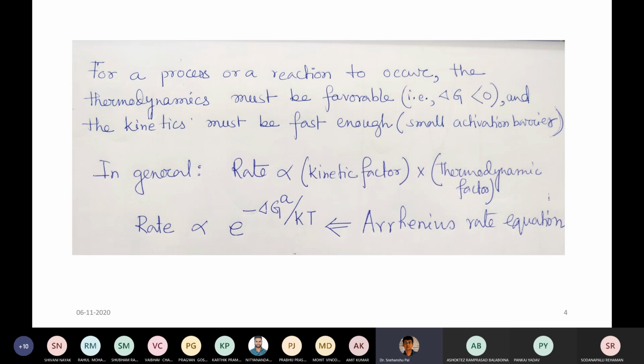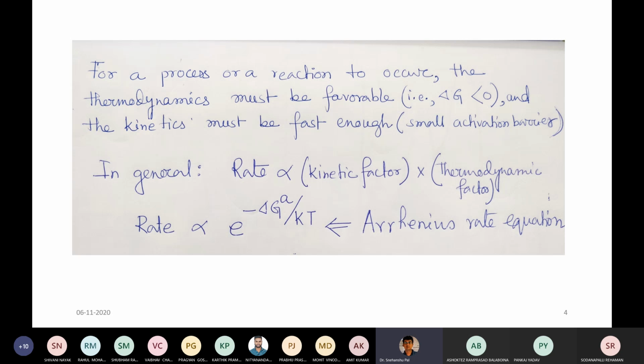Now you have to understand the driving force. A thermodynamically favorable reaction or process means del G must be less than 0. And now you can say that the process is highly driven. So why is it so? The products are at lower free energy, more stable with respect to the reactant.